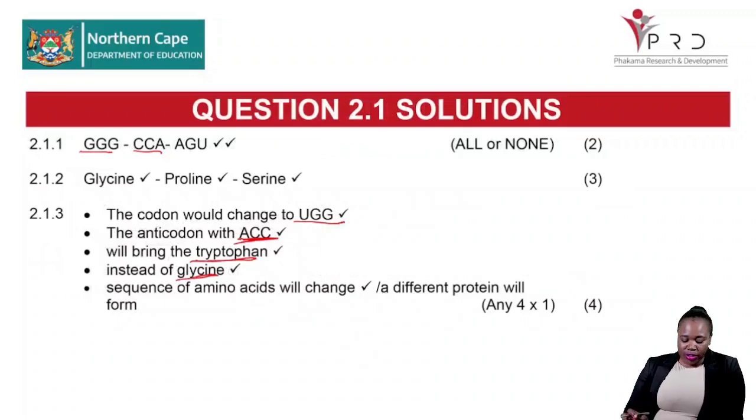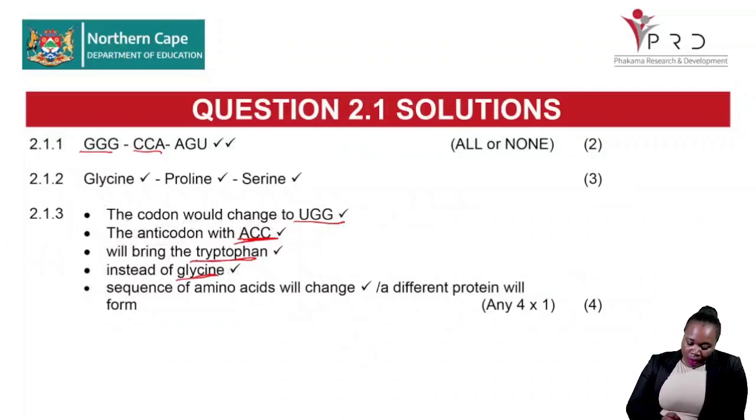So it is very important that when you give this kind of an answer, you don't just give a generalized answer whereby you say the mRNA sequence will change, therefore the tRNA anticodons will also change, and it will bring in a different amino acid, and the protein will be different. Be specific.